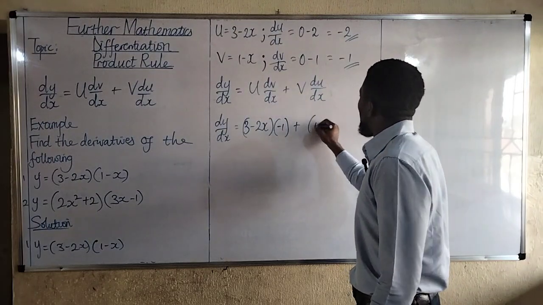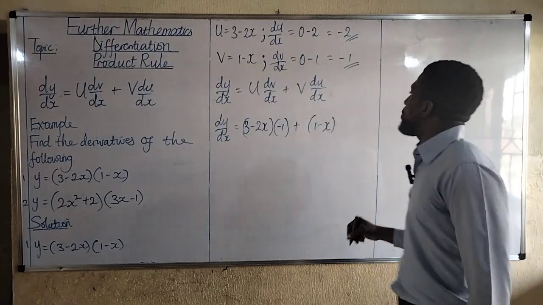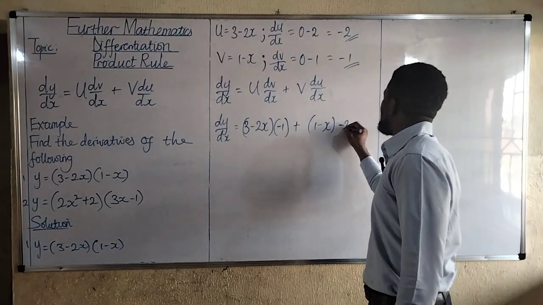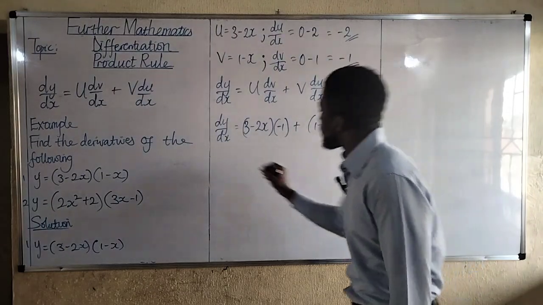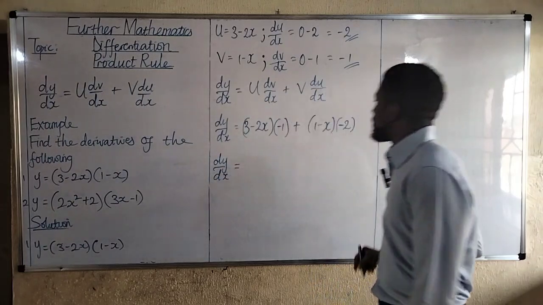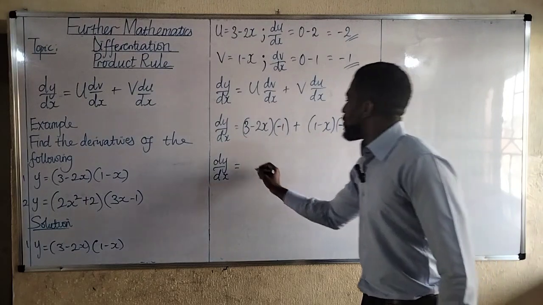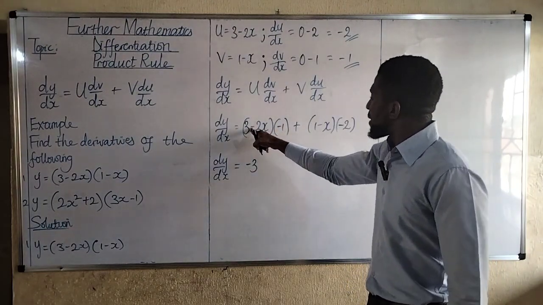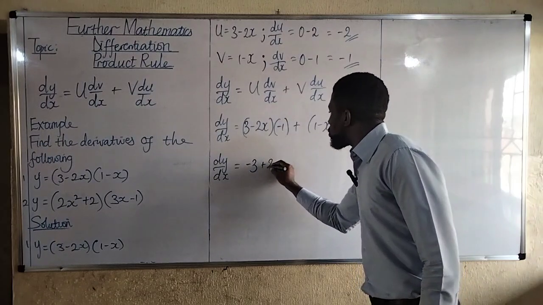Our v is 1 minus x, multiplied by du over dx, which is negative 2. Negative 1 times negative 2x will give us positive 2x.